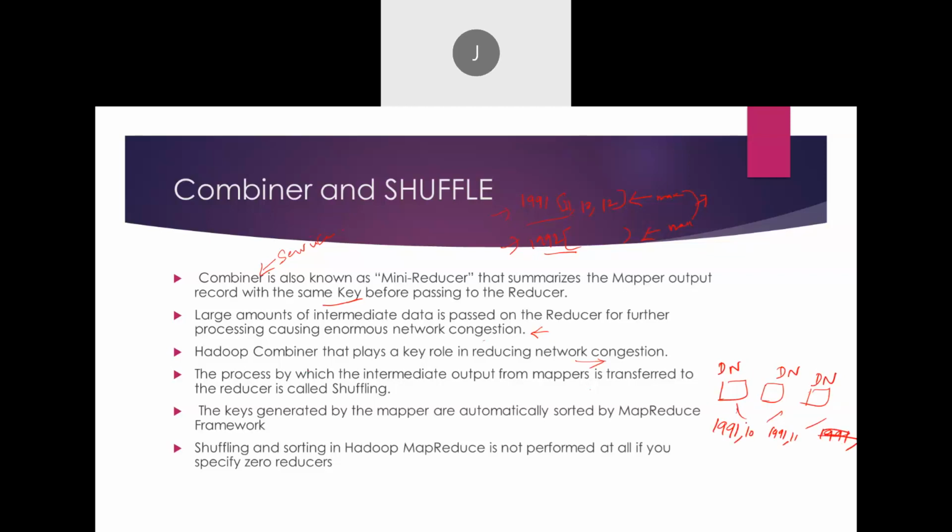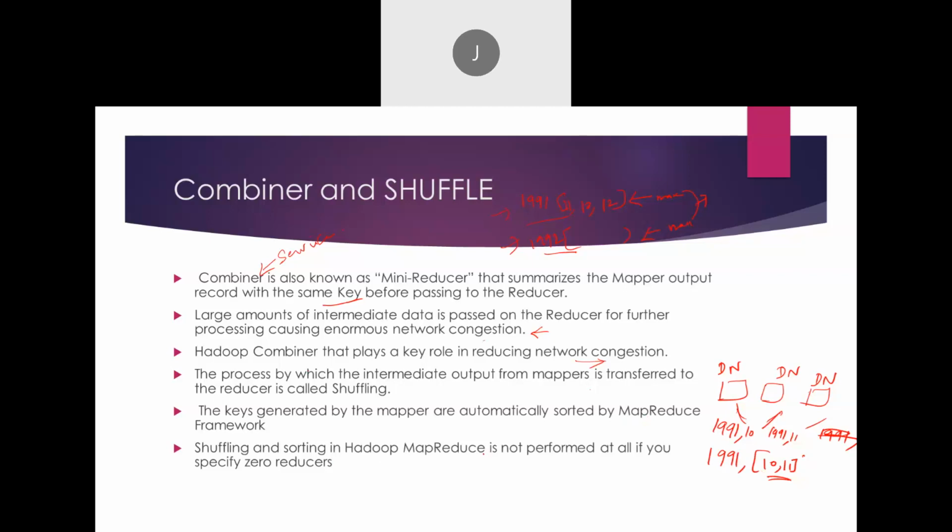So we have to shuffle and sort from all the three data nodes. You have to take the data and put it into the list. This also happens in between, before going to the reducer. The keys generated by the mapper are automatically sorted by the MapReduce framework. The keys and the values will be sorted automatically.